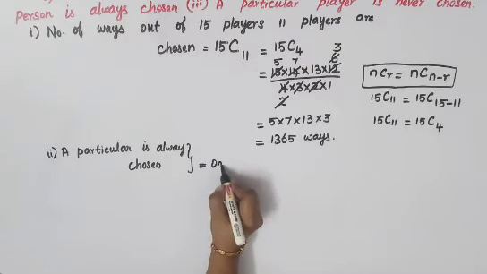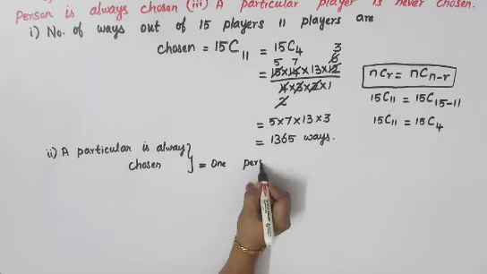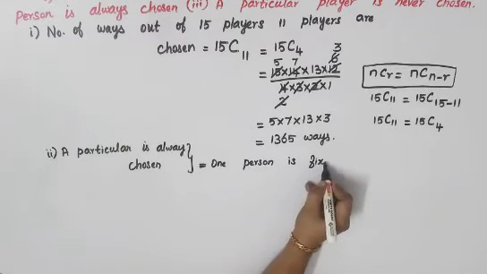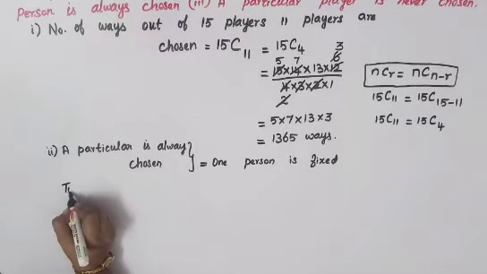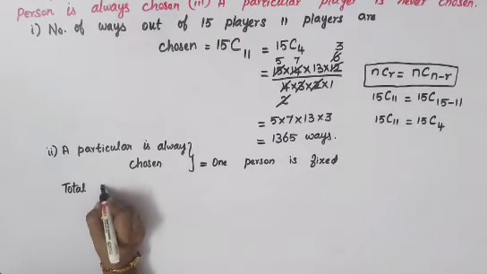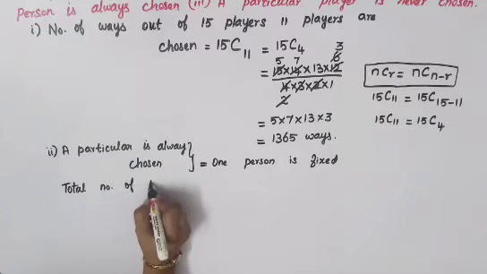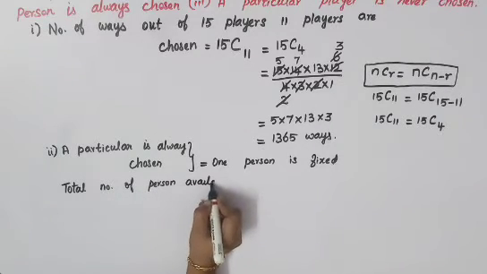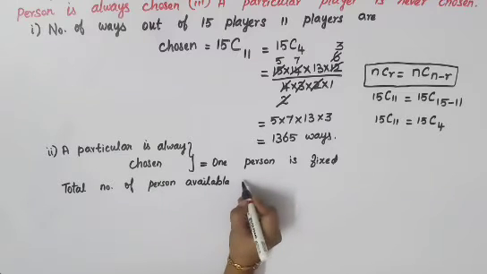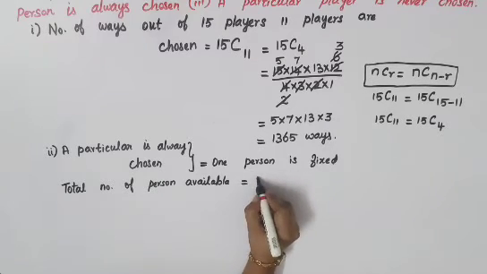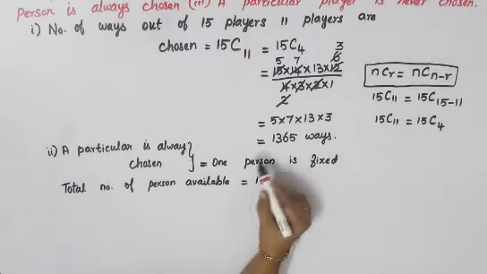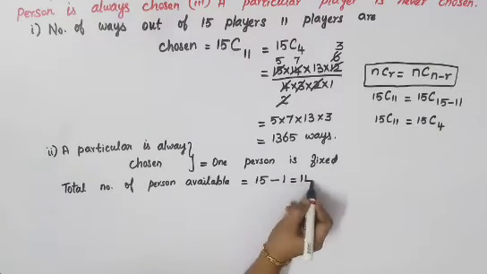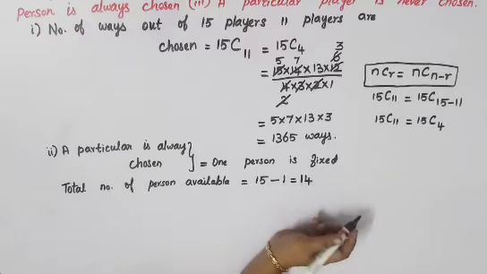So one person is fixed. Total number of persons available is, totally we have 15. In that one person is fixed. So 15 minus 1 is equal to 14 will be the total now.